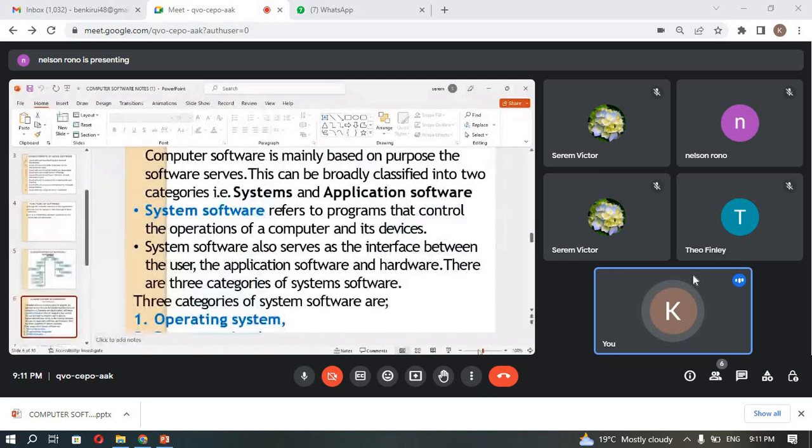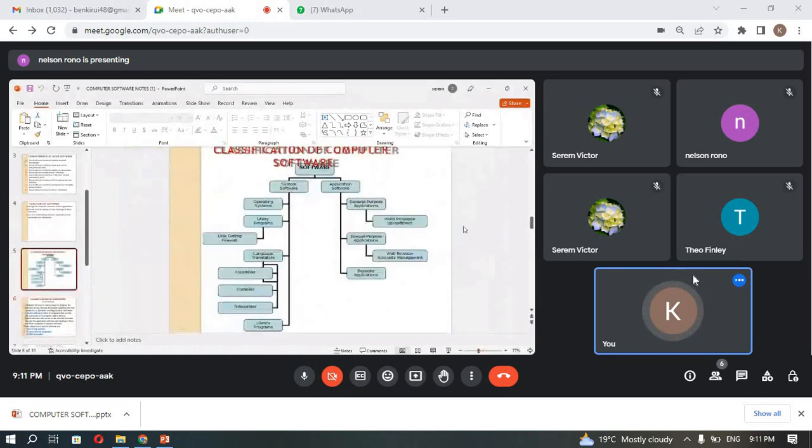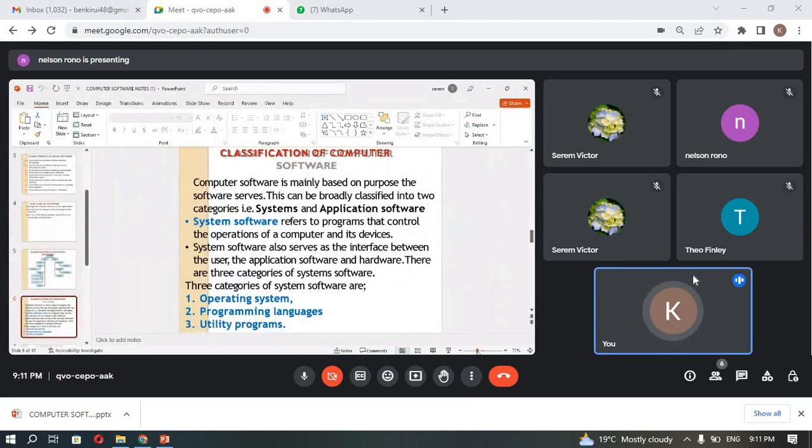We have system software. The classification of computer software is mainly based on the purpose the software serves. This can be broadly classified into two categories, i.e. the system and application software. System software refers to programs that control the operation of a computer and its devices.